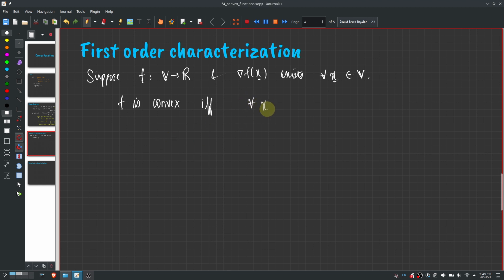So for all x1, x2, we have f of x2 being greater than or equal to f of x1 plus the gradient of f evaluated at x1, transpose, times x2 minus x1.